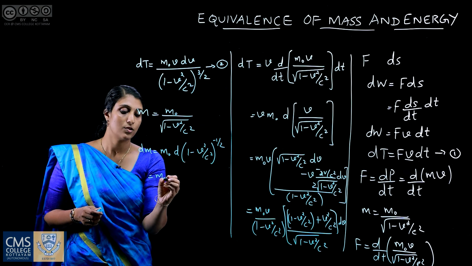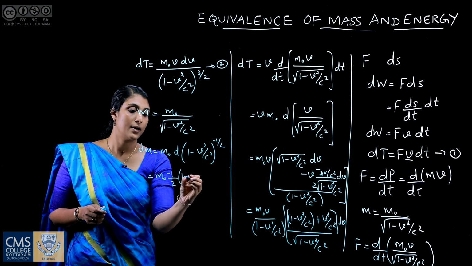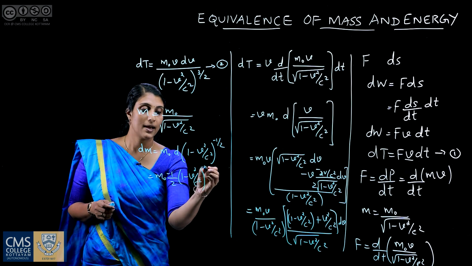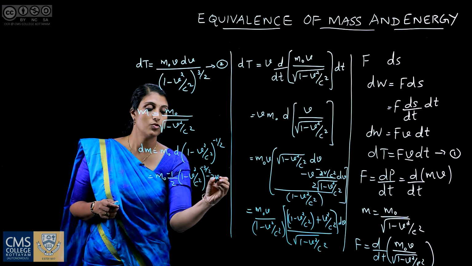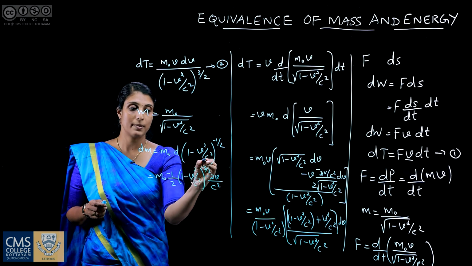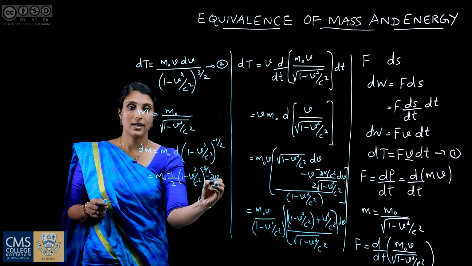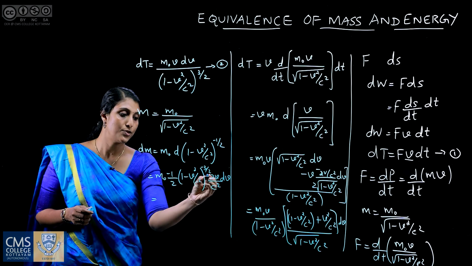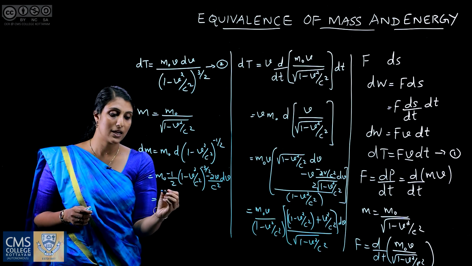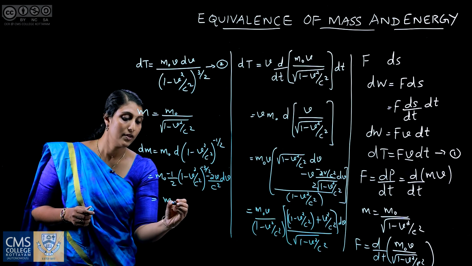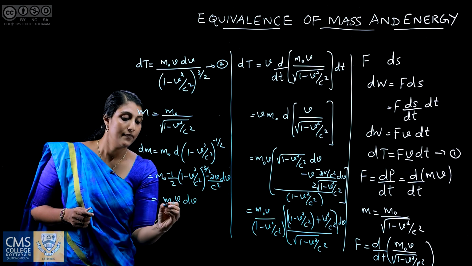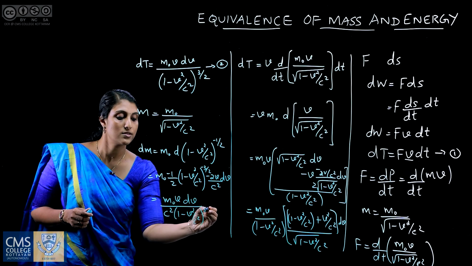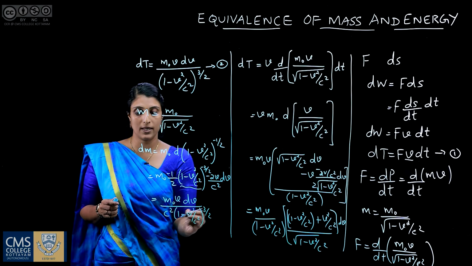So, we have m0 into minus half into 1 minus v square by c square whole raised to minus half minus 1, that is minus 3 by 2, and on differentiating we get minus 2v by c square into dv. So, the 2 and 2 get cancelled and minus of minus becomes plus. So, we have m0 v dv divided by c square into 1 minus v square by c square whole raised to 3 by 2.